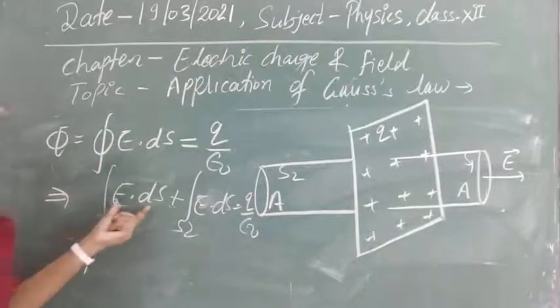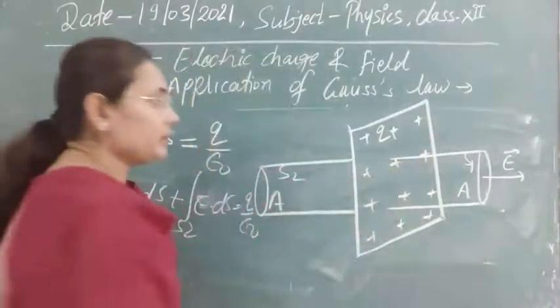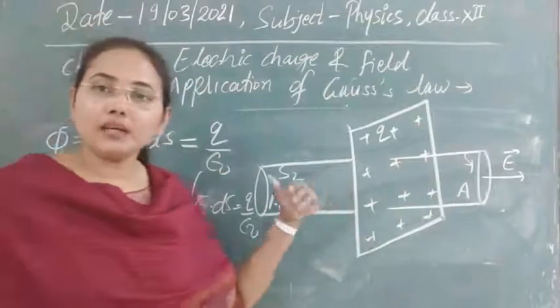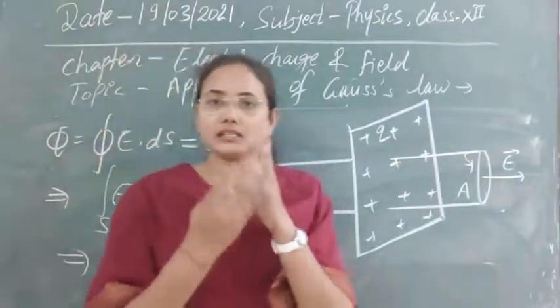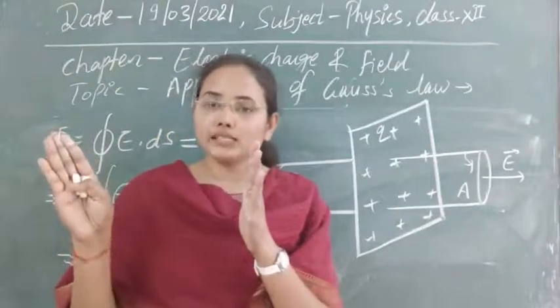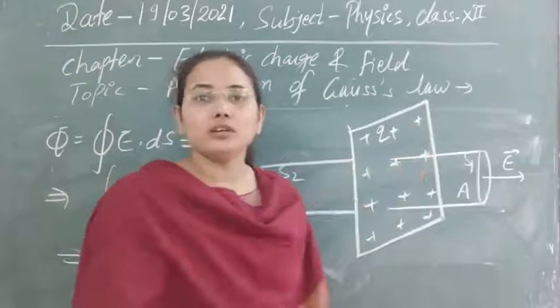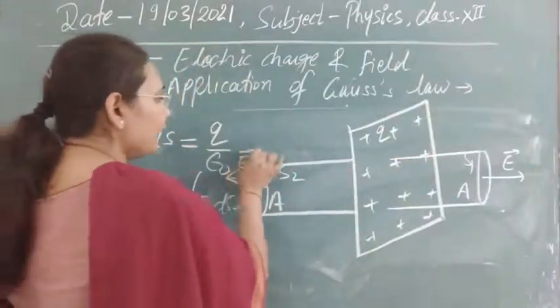If you see the direction of this electric field, and one more thing, the electric field can be in the outward direction. It is not necessary that if this is our sheet, uniformly charged, the electric field will be only on this side. In the outward direction it can also be on this side. So the electric field can be on this side and also on this side.